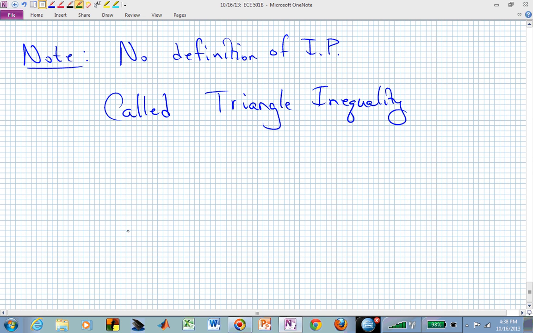Meaning if I now went some direction u and then a direction v, if I just took the norm of u and the norm of v, that's going to be bigger than the norm of u plus v. Or the length of u plus v, which is what these norms are generalizing.